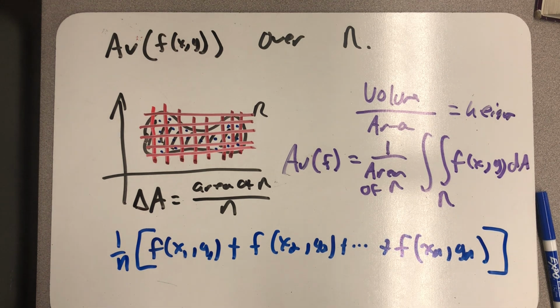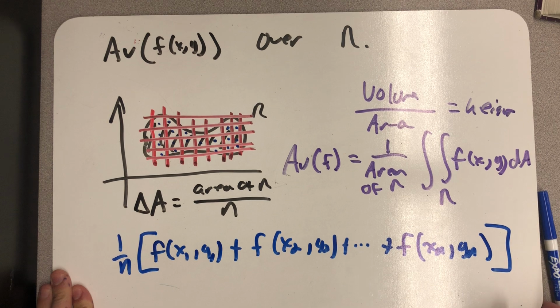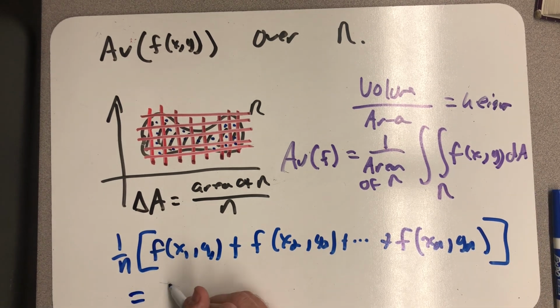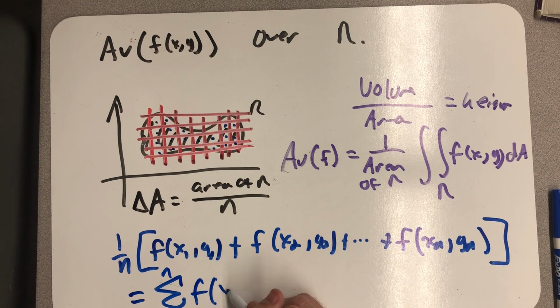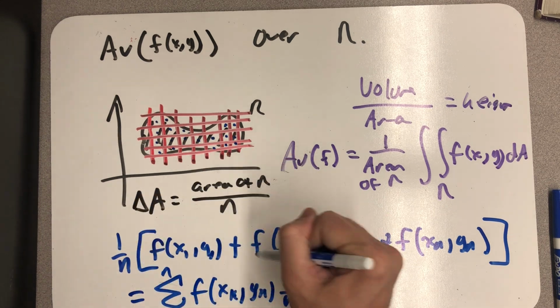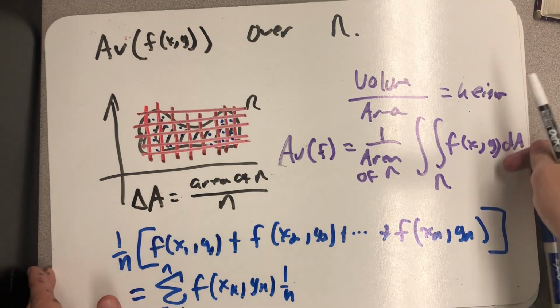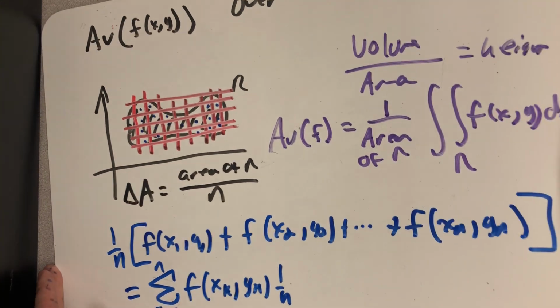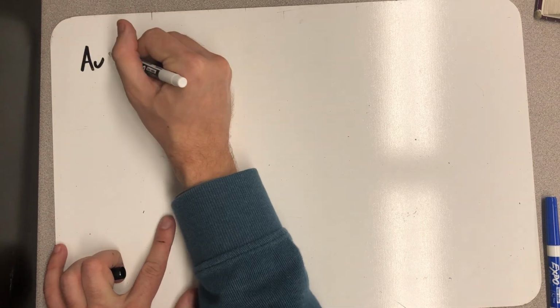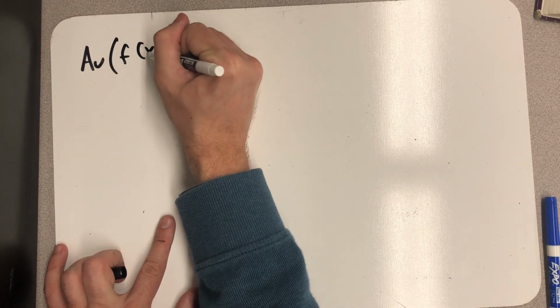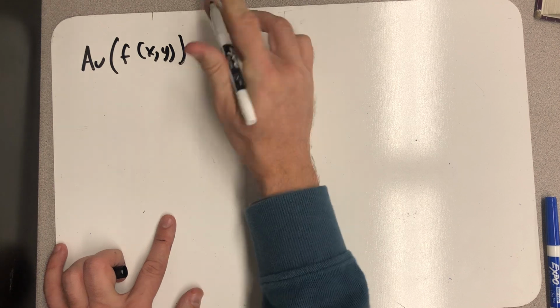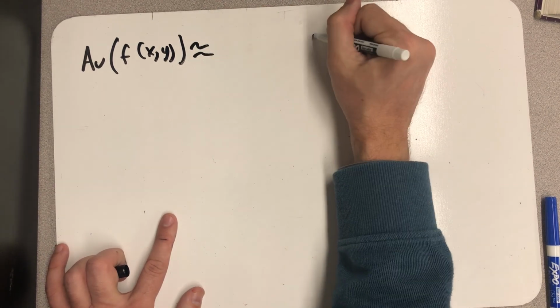This is a sum that's going to look a little bit like a Riemann sum. So this is the sum from k is 1 to n of f of xk, yk, all times 1 over n, because I could imagine distributing that through to every term. And that would let me write down that the average value of that function on two variables is approximately that sum.